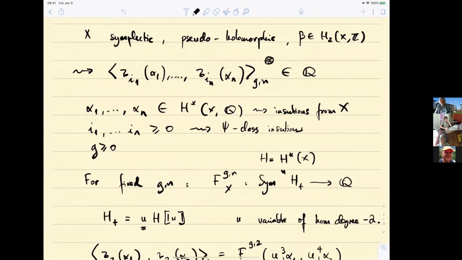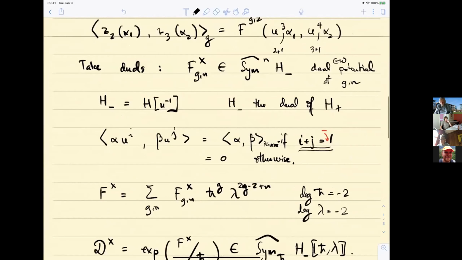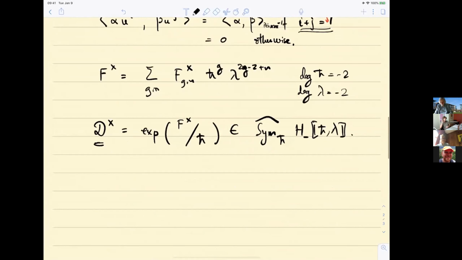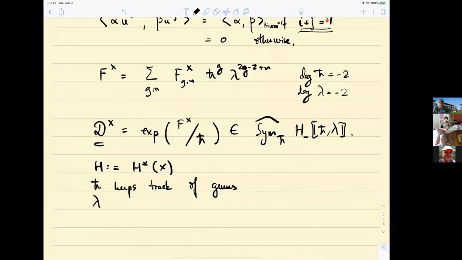All these guys can be recovered by knowing this one element D_X of a complicated symmetric algebra. So I recap here, H is the cohomology of the space X. H bar keeps track of genus. Lambda keeps track of Euler characteristic.